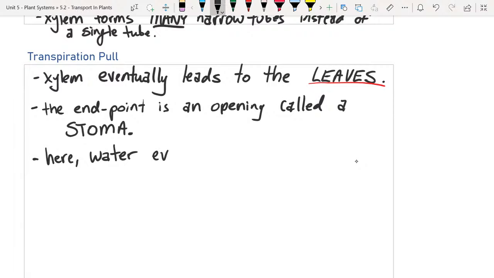Here, water can evaporate into the air. What does it mean to evaporate? Very good.